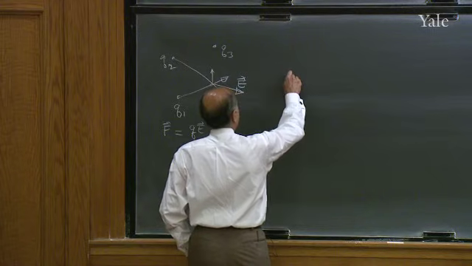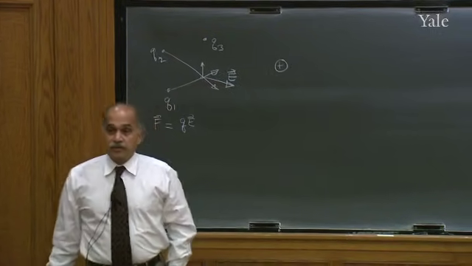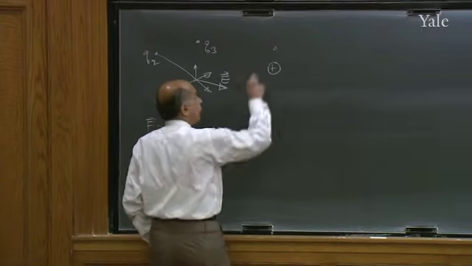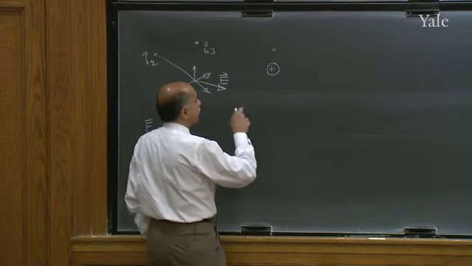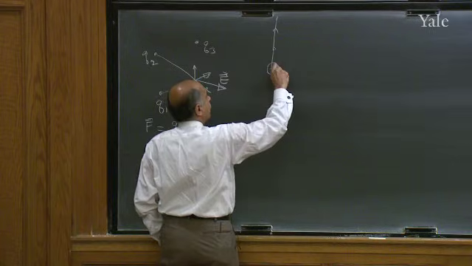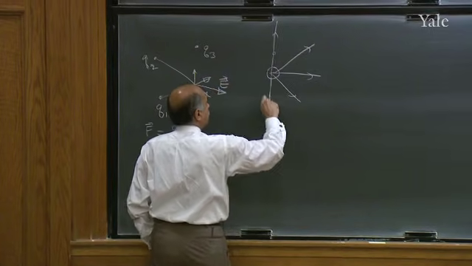Then I said there's one nice way to visualize the electric field, which is to draw the field lines. You go to each point and you ask, if I put a charge here, a positive test charge, which way will it move? Then you follow that thing as it moves, and you get that line, and you get that line, and you get that line. You can draw these lines.